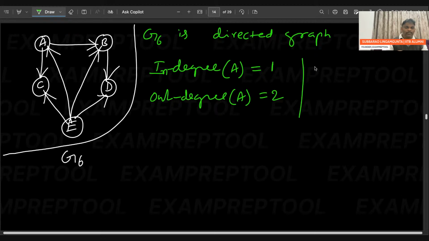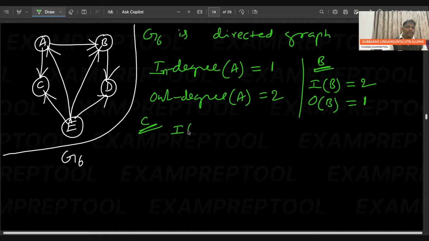Let's go to B. In degree of B, how many people are coming inside B? 2. Out degree of B, from B how many people are going outside? I think 1. Let's go to C. In degree of C, how many people are coming inside C? 2.